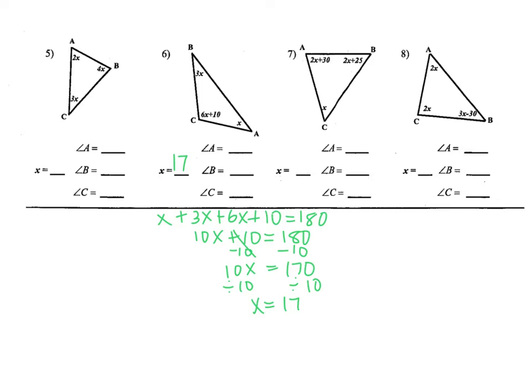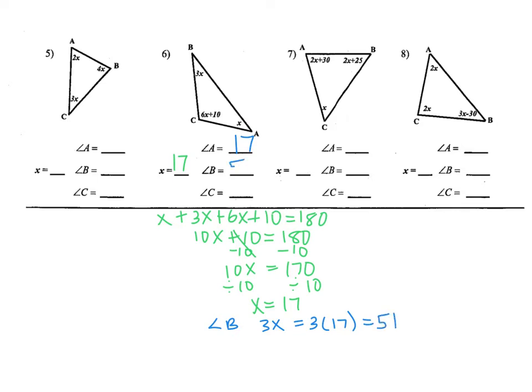All right, now I need to go ahead and plug in for my 3 angle measurements. So it says that angle A is x. So if it's just x, that means we replace the x with 17. So angle A is 17. Angle B is 3x. So I'm going to rewrite that as 3 times 17. And 3 times 17 is going to give us 51.